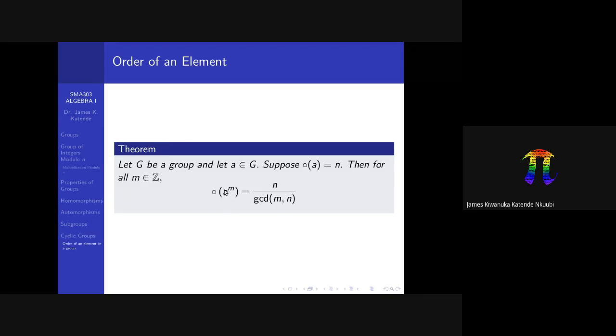This is an element in G and you want to find its order. It says if we know the order N, we can easily find the order of A raised to M by simply dividing N by the greatest common divisor of M and N. That's all. We shall do some examples later. For now, let's focus on the theorem itself.